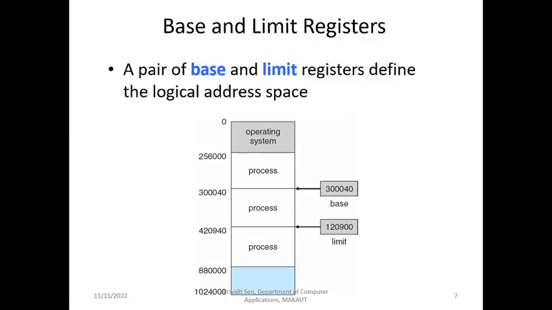Suppose you are starting from 30040 and you are going beyond that: 30041, 30042, 30043. All the values coming after 30040 and including 30040 will be accepted. But if you take values less than 30040, that will not be accepted.